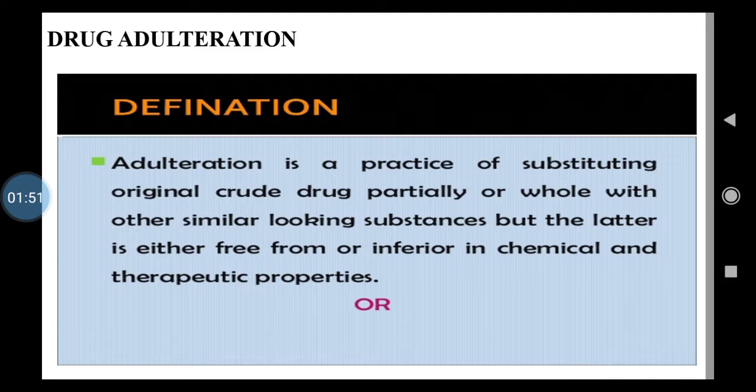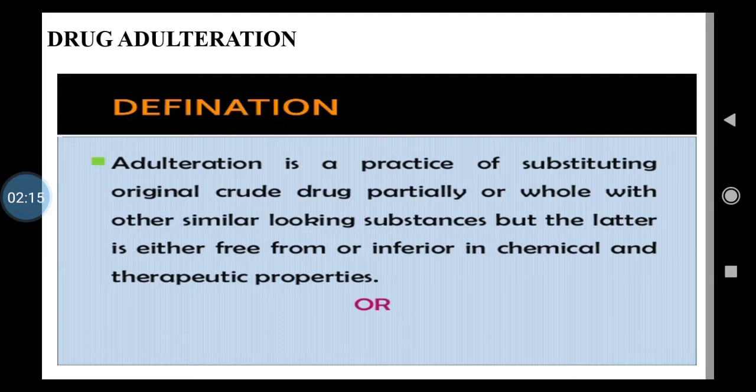But the latter, that is the substance which is used for mixing, is either free from active chemical constituents or it is inferior in quality. Also, it may not have the important therapeutic uses. So, this is one definition.